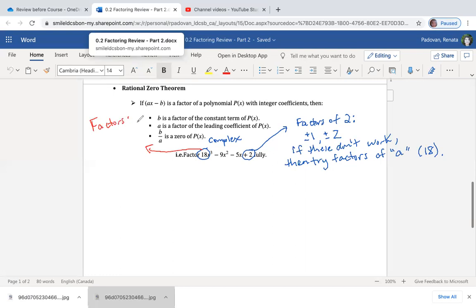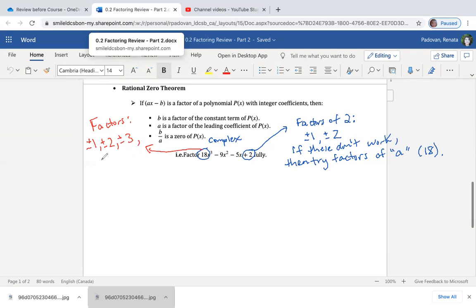I may not get that far, and I'm hoping that I don't, but obviously I'm going to set this question up so that I do go that far, just to show you how to do it, right? So my factors of 18 are positive and negative 1, positive and negative 2. Does 3 work with 18 if I take 18 divided by 3? Positive and negative 3. What about 4, 5?